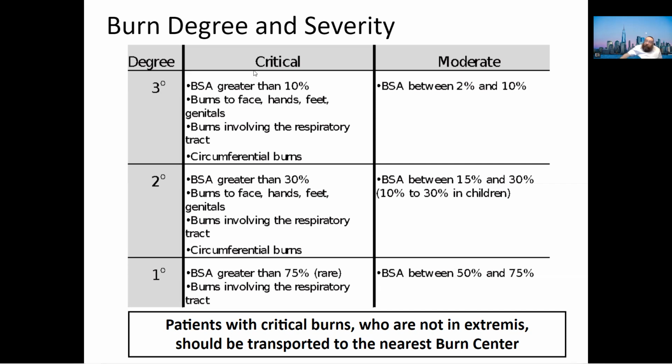Third degree burns, well, what would be a burn involving the respiratory tract? Let me hold that thought. I'll get to it. So third degree burns, 10%. I use 9.